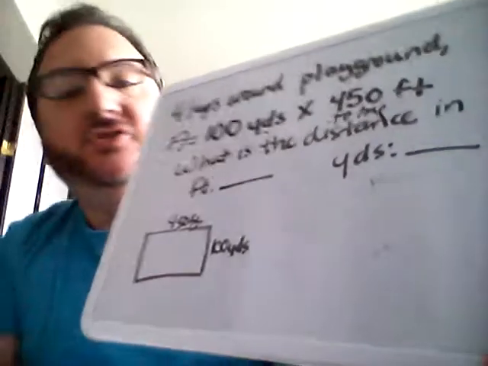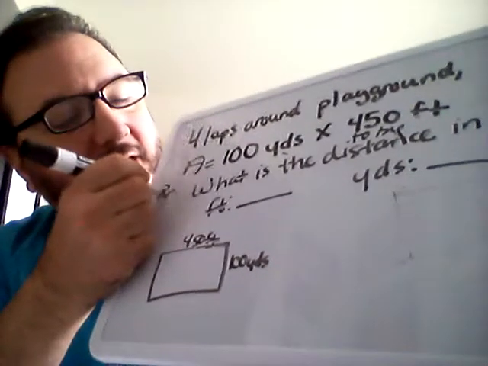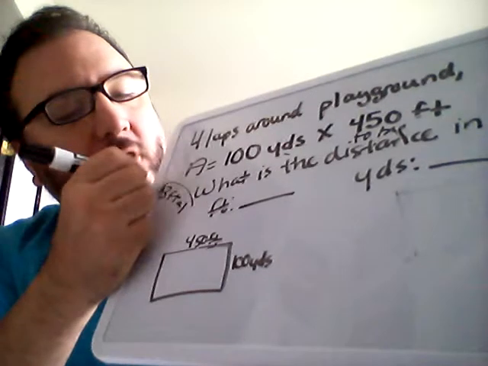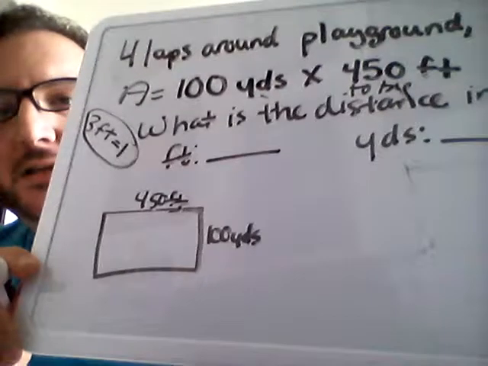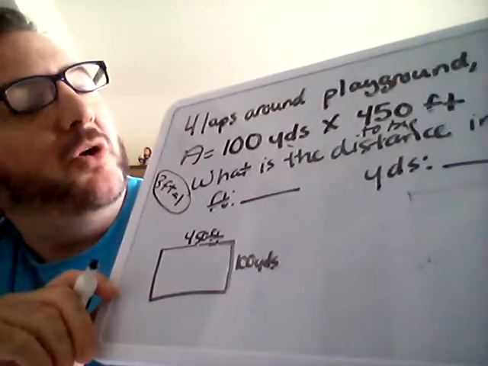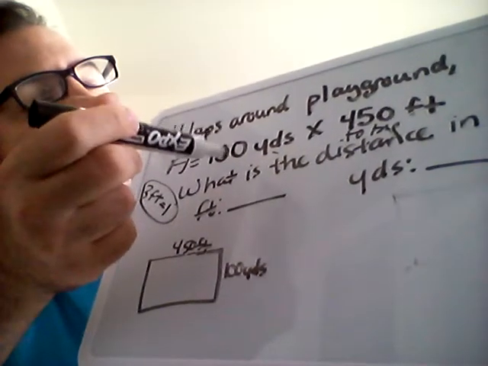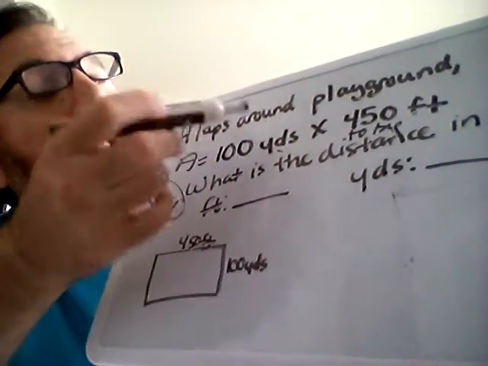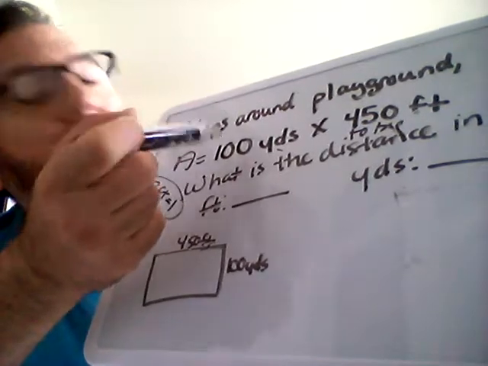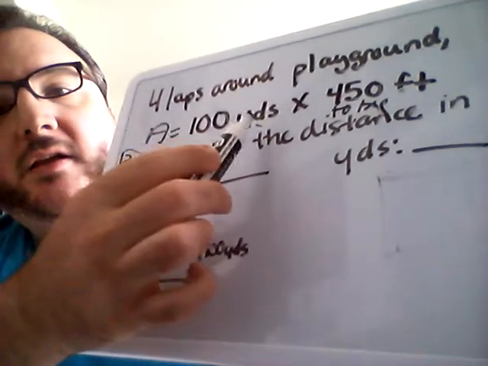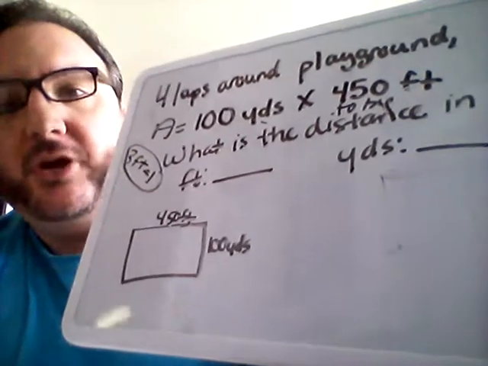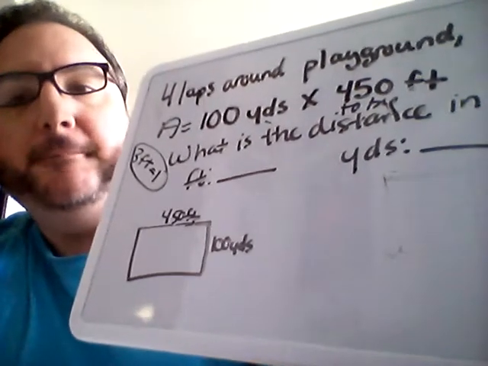So in this case, 3 feet are equal to 1 yard, which means I would have to multiply the number of yards by 3 to figure out how many feet that would be, right?